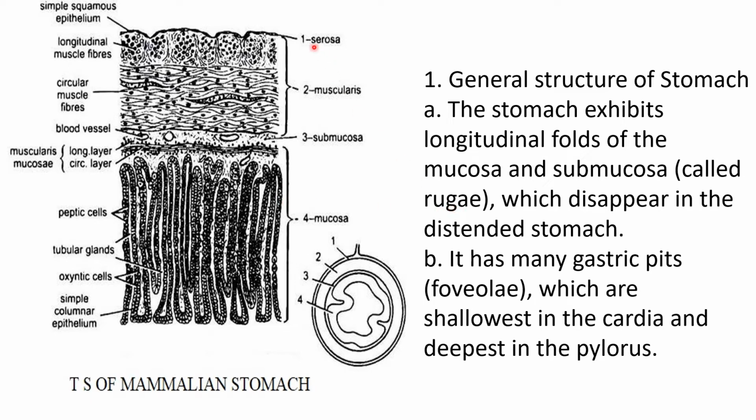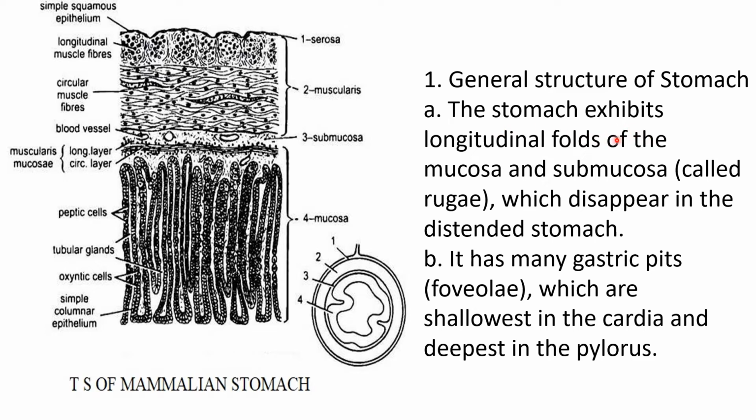These 4 different layers are the outermost serosa, the muscularis externa, or simply muscularis, and submucosa characterized by the presence of blood vessels and connective tissue, and mucosa characterized by the presence of the functional cells of the stomach. That means the secretory cells all are present in the mucosa of the stomach.